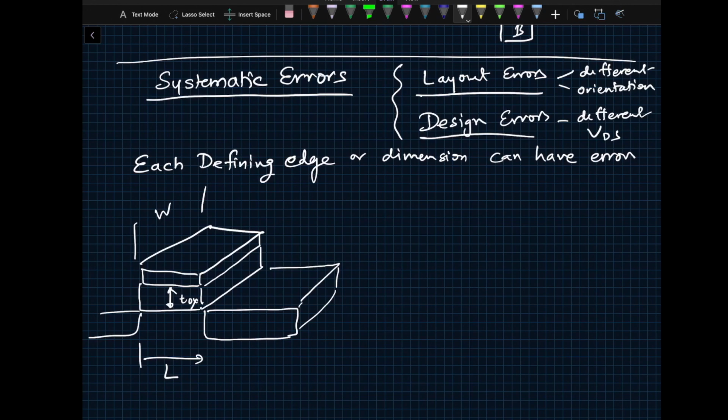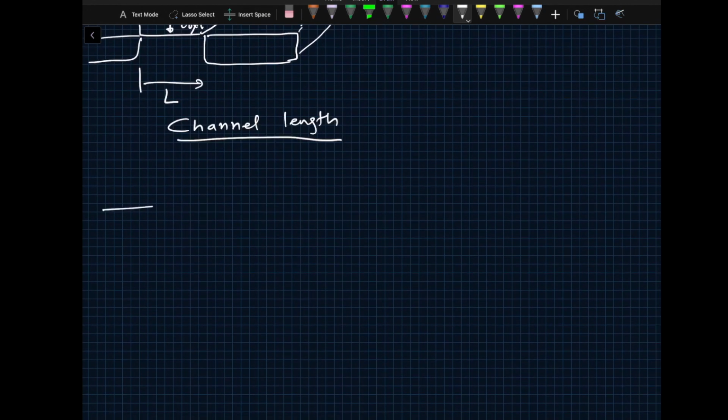Okay, so let's take an example of channel length. If you look at the transistor in a classic sense, this is the way it looks. The cross section looks like this: this is your oxide, and this is your gate. The hashed portion is your gate. Okay, and if you remember when we studied the transistor action, let's say this is your N plus.